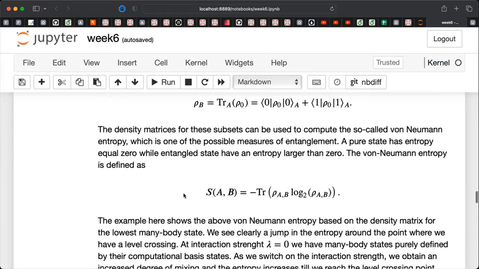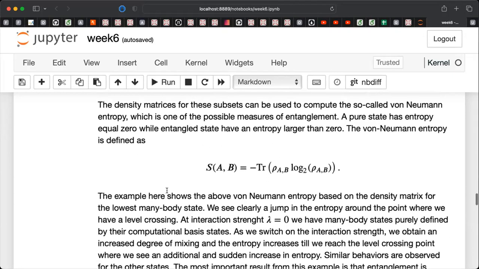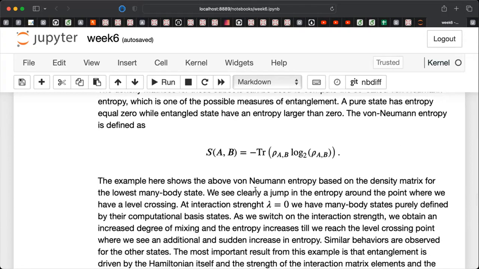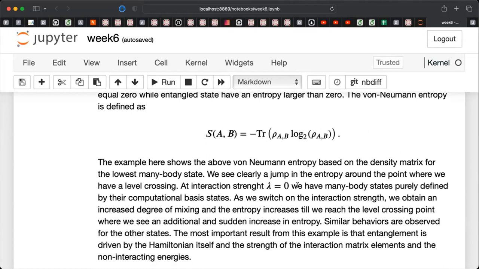So the von Neumann entropy is simply given as a trace of the density matrices for the subsystems, either A or B. What you will see now is that this example shows the entropy based on the density matrix for the lowest many-body state. And you're going to see a jump in entropy as you increase the strength of the interaction.